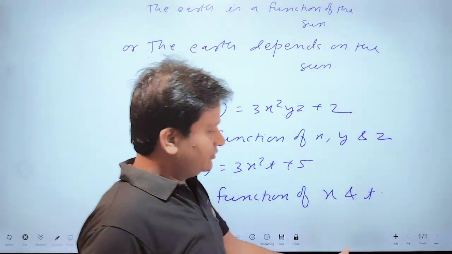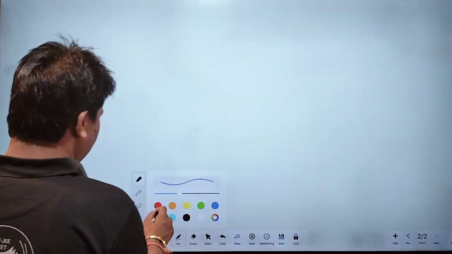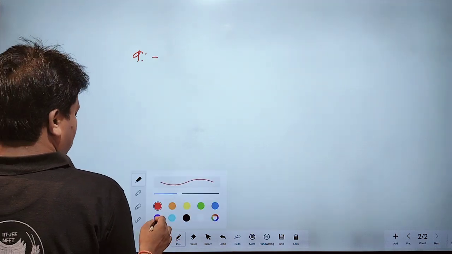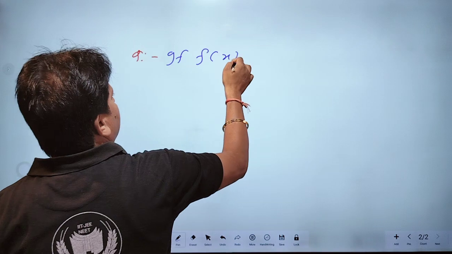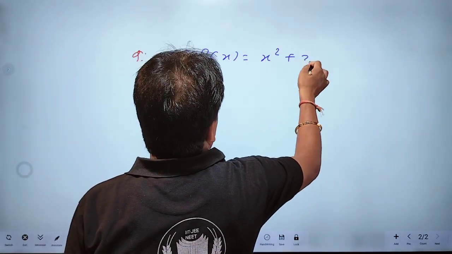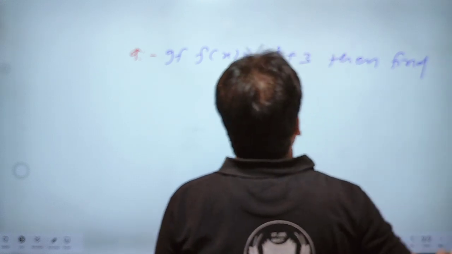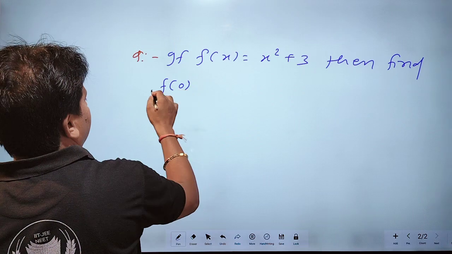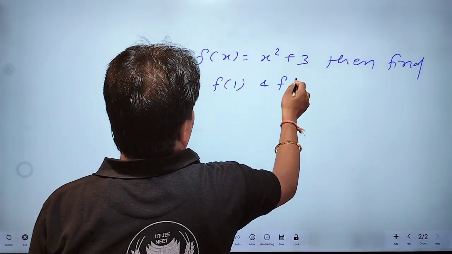Now I am going to give a question. If f(x) is equal to x square plus 3, then find f(0), f(1) and f(2).